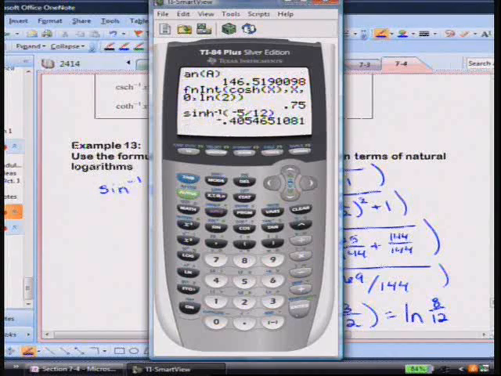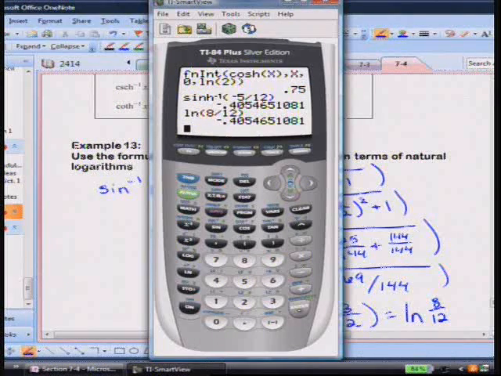All right, and then the ln of 8/12, or 2/3, whatever. I know. It's like, you even know what your calculator is doing. What is the ln of 2/3? e to what power is 2/3?